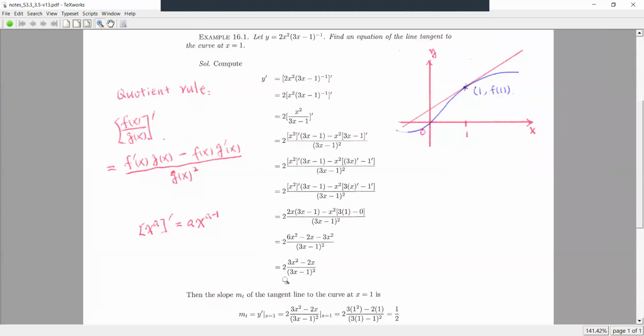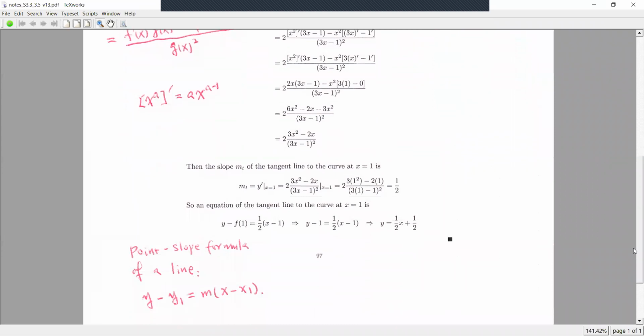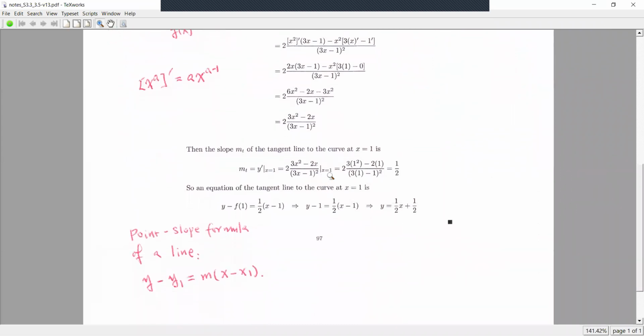After we compute the derivative of the function, we plug in 1 for x to get the slope of the tangent line at the point 1. The slope of the tangent line at the point 1 is 1/2.